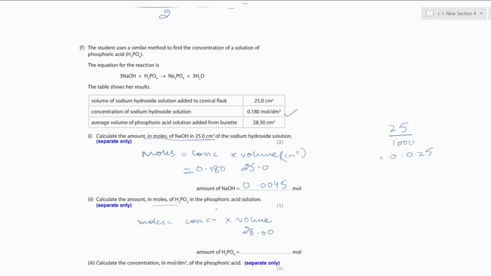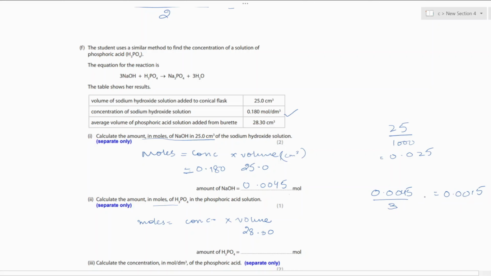It means you have to divide this value by 3, whatever sodium hydroxide is used. So when we divide 0.0045 by 3, 45 divided by 3 is 15, so 0.0015.